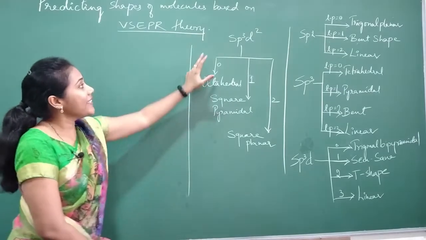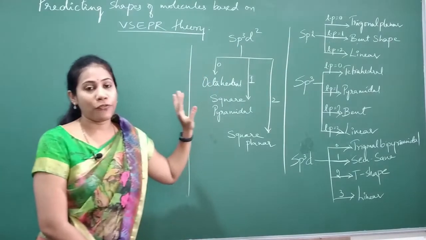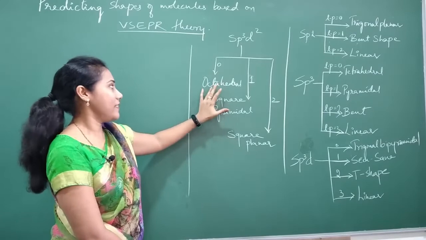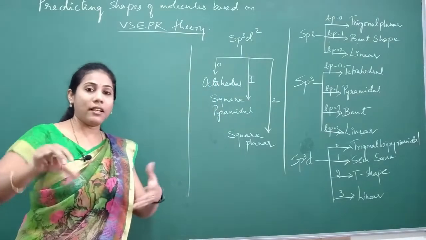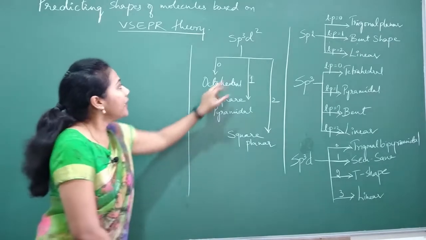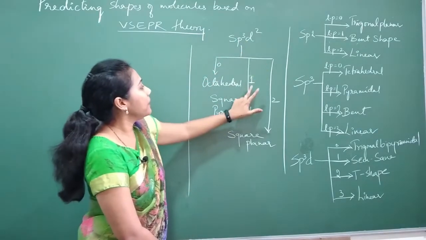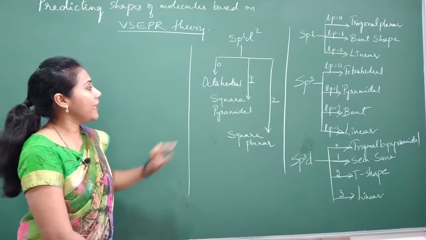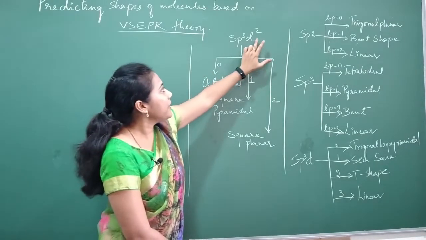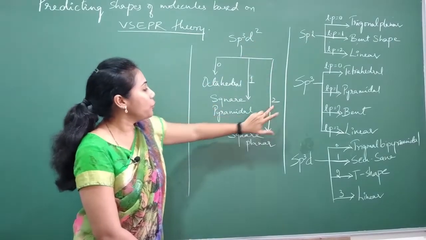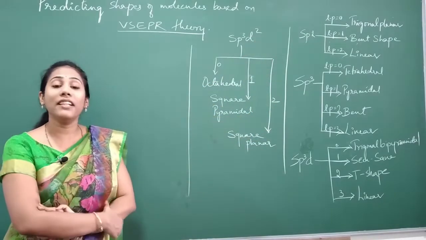And sp3d2 hybridization with 0 lone pairs, the shape is octahedral; you don't find any lone pair, bond pair repulsions and all. If you have sp3d2 hybridization with 1 lone pair, the shape will be square pyramidal. sp3d2 hybridization with 2 lone pairs, the shape is square planar.